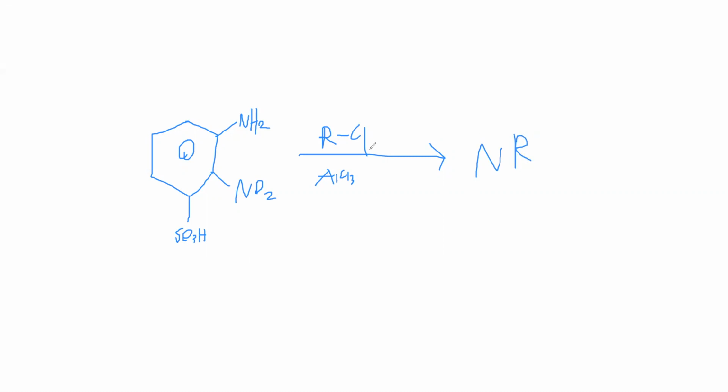If you're trying to do a synthesis with a benzene ring, and one of the steps involves a Friedel-Crafts step, adding an alkyl group, you can't have any of these on the ring first. So you have to consider that for the order you're going to take.